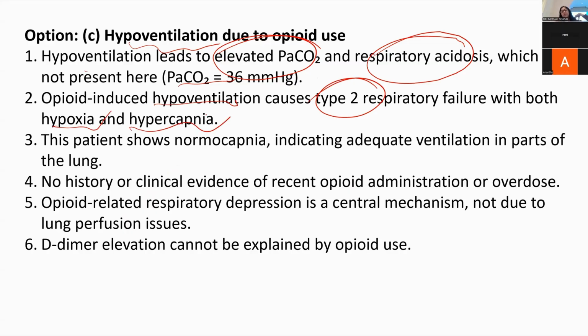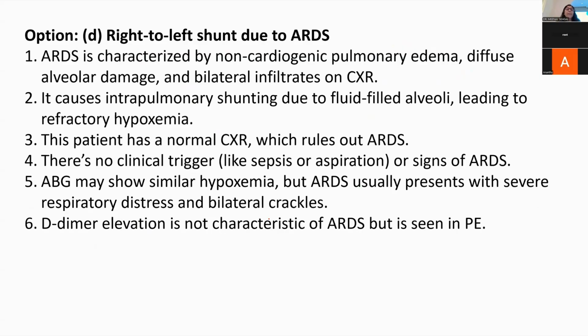Now, this patient has normocapnia. So, there is adequate ventilation in parts of the lung. With no history or clinical evidence of recent opioid administration or overdosage, opioid-related respiratory depression is central in mechanism, not due to lung perfusion defects. D-dimer elevation will not happen in opioid usage.